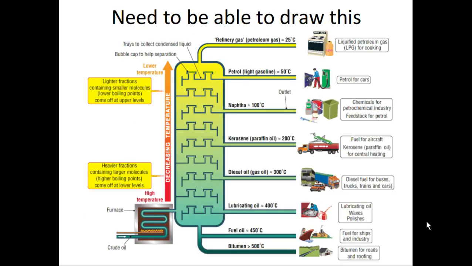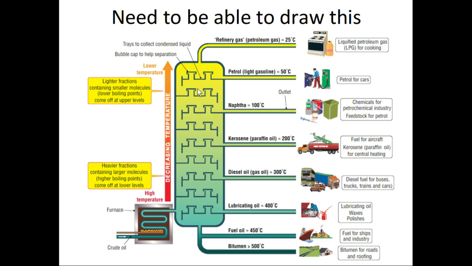So this is what a fractionating column looks like. You need to be able to draw some sort of representation of this. So just quickly, before we go into too much detail, you have a furnace down here where the crude oil is brought in and heated up. It's then transferred as a vapor, so it's vaporized here into the fractionating column. And as the gases move up the column, the temperature decreases.